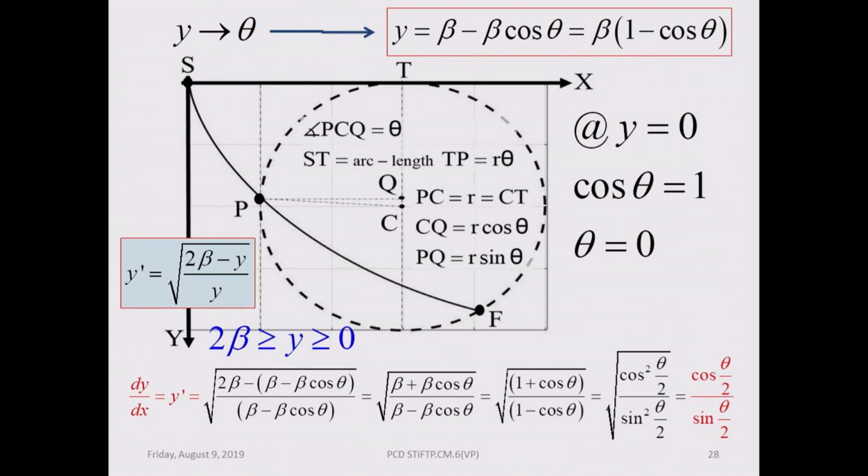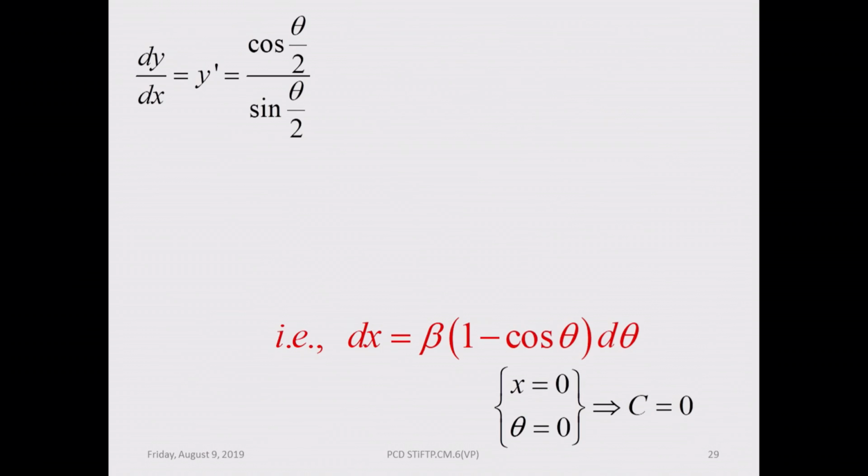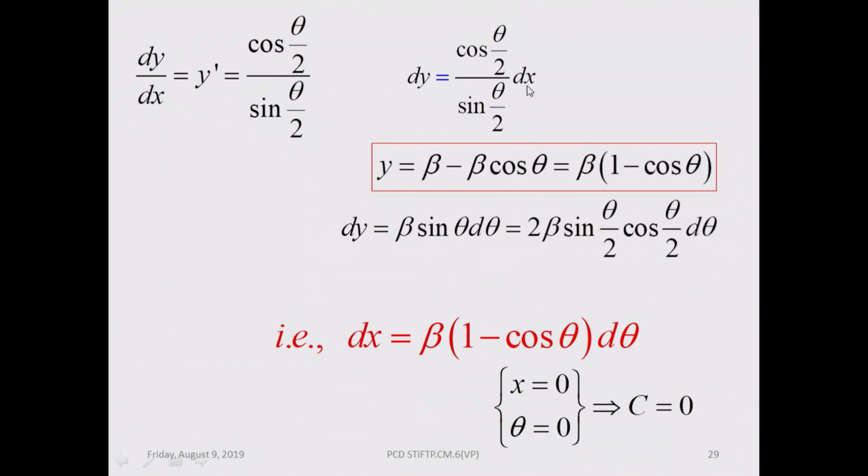You can write it in terms of theta by 2, and you get this relationship which I bring to the top of this slide, and you have dy by dx, which is y prime, equal to the ratio. This is the inverse tangent of half the angle. Okay? So what it tells you is that dy itself is this ratio multiplied by dx. Okay?